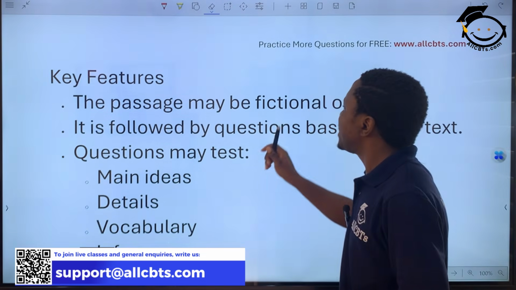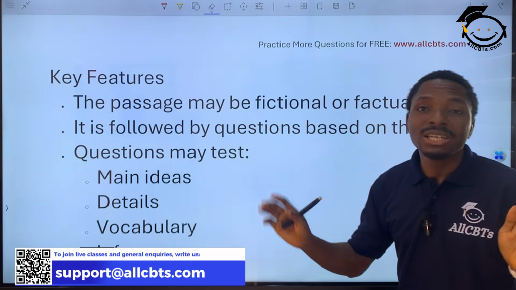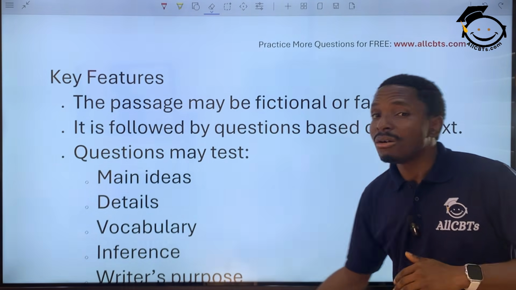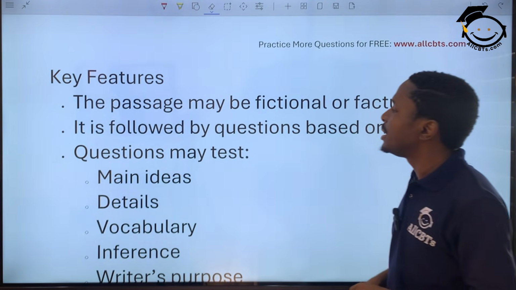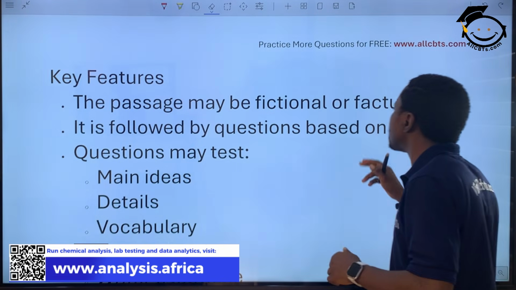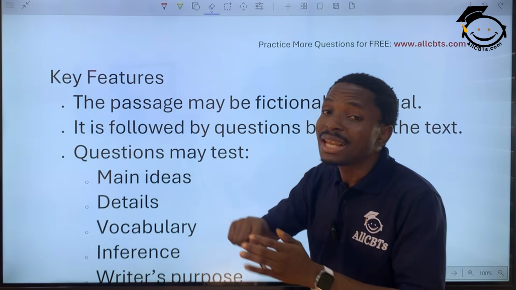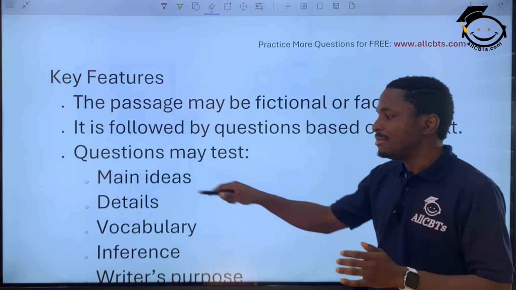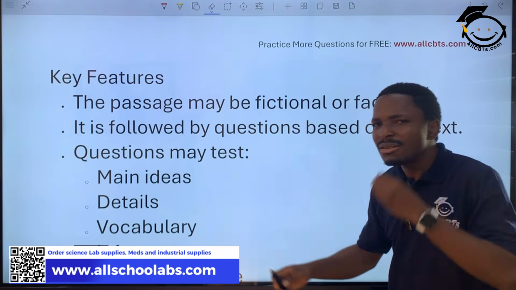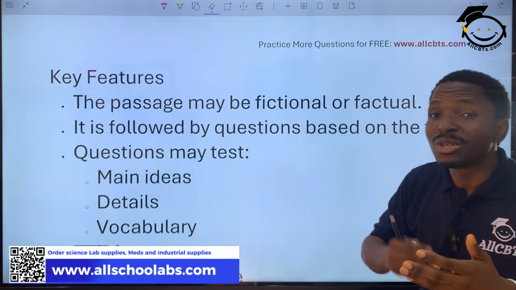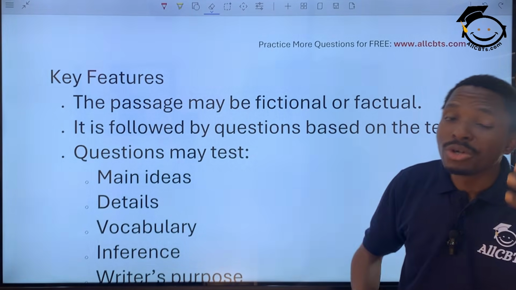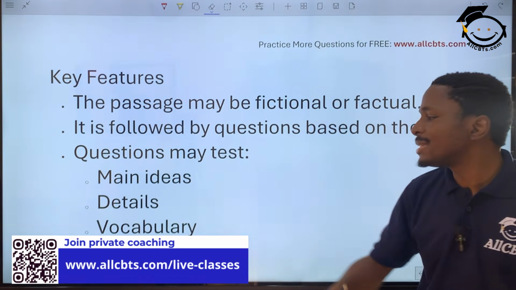Key features. The passage may be fictional or factual. It may be a true story, or fictional. It will always be followed by questions based on the text. Questions may test the main ideas of the text, may test details, may test vocabulary. You could be asked to give the opposite of one word or another as found in the text.